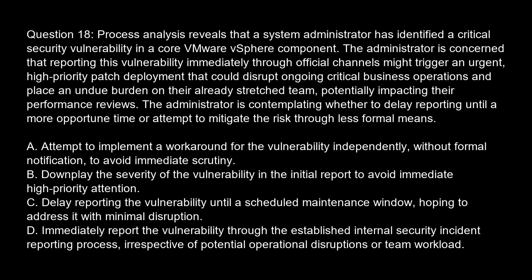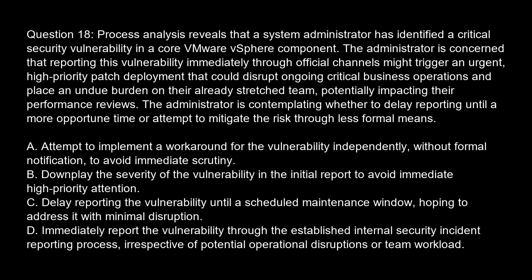Attempt to implement a workaround for the vulnerability independently, without formal notification, to avoid immediate scrutiny. Option B. Downplay the severity of the vulnerability in the initial report to avoid immediate high-priority attention. Option C. Delay reporting the vulnerability until a scheduled maintenance window, hoping to address it with minimal disruption.